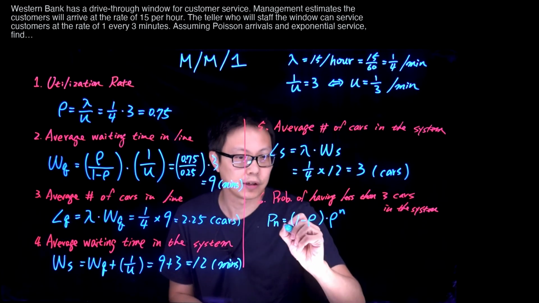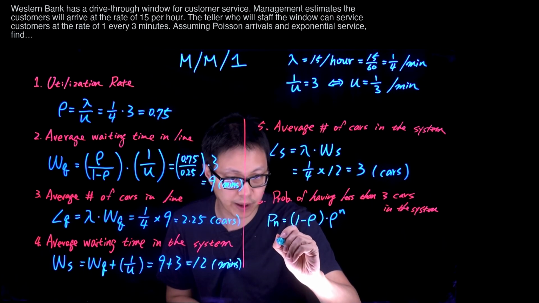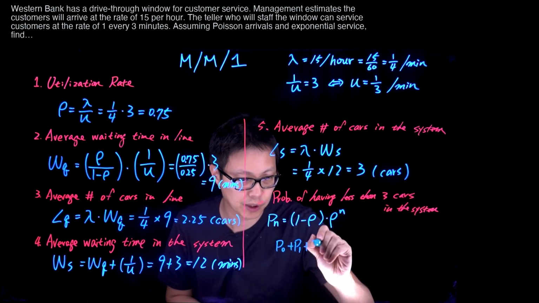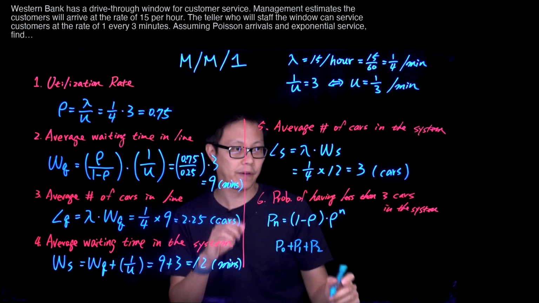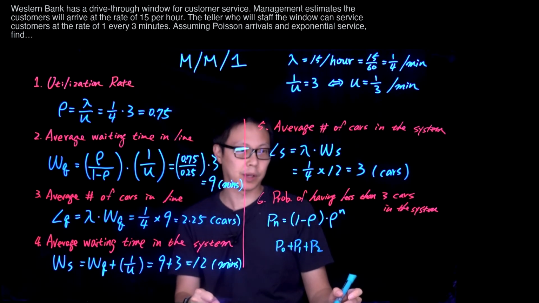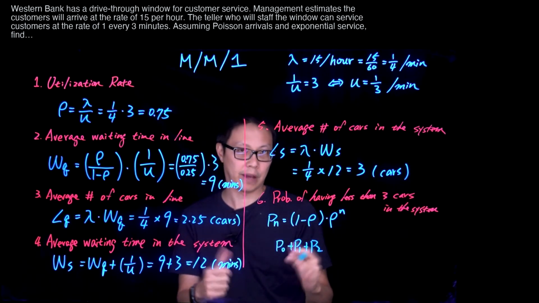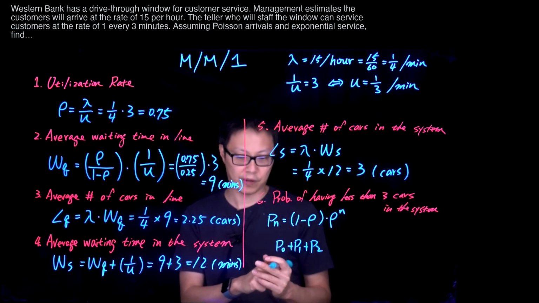In this case, we want to calculate P0 plus P1 plus P2, because the probability of having less than 3 cars in the system means the probability of having 0 cars plus the probability of having 1 car plus the probability of having 2 cars.